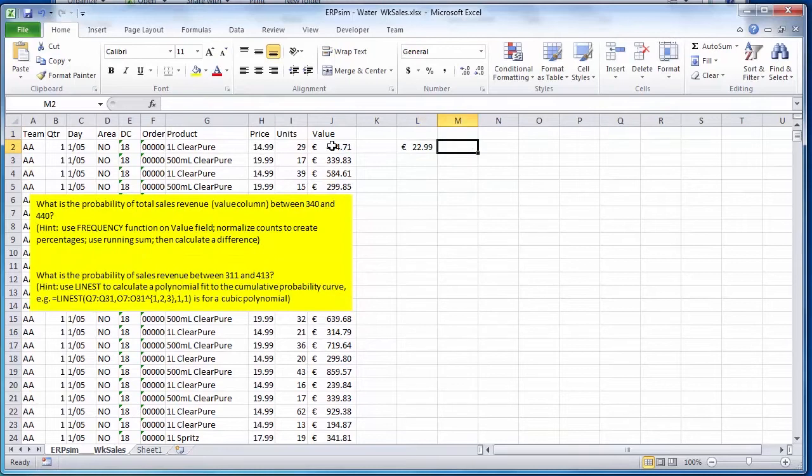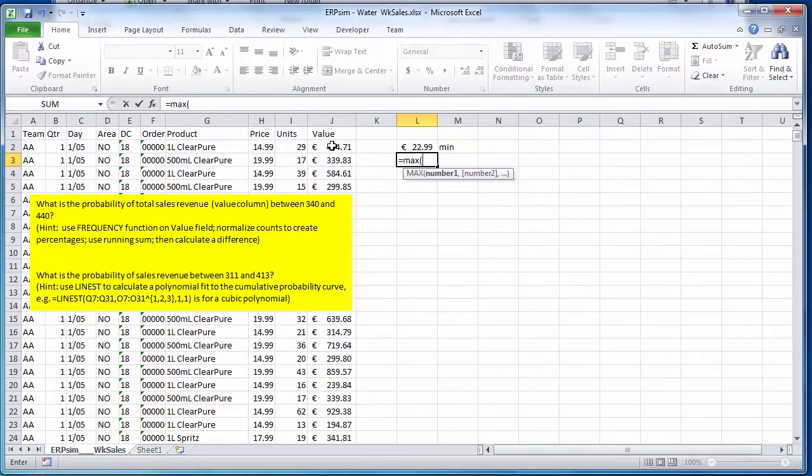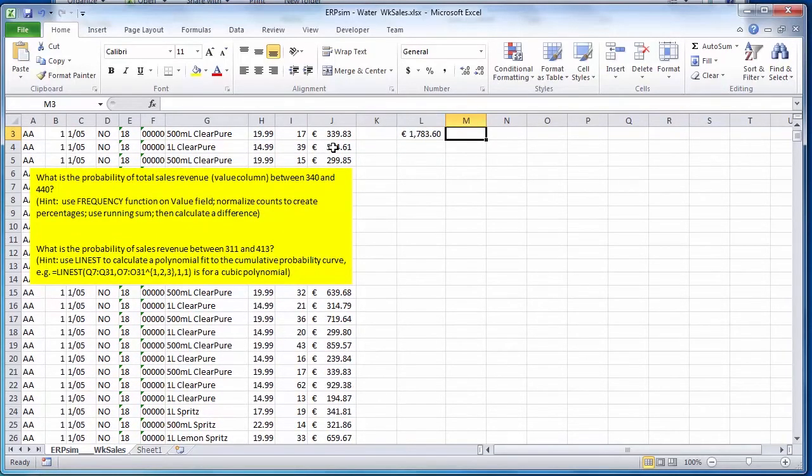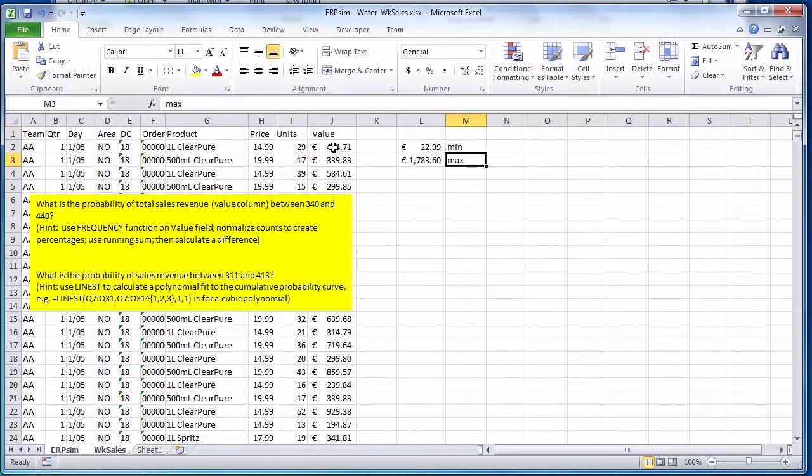So 22.99 was the min, and the max, enter, that's the max. So pretty big revenue there for a weekly sales revenue.